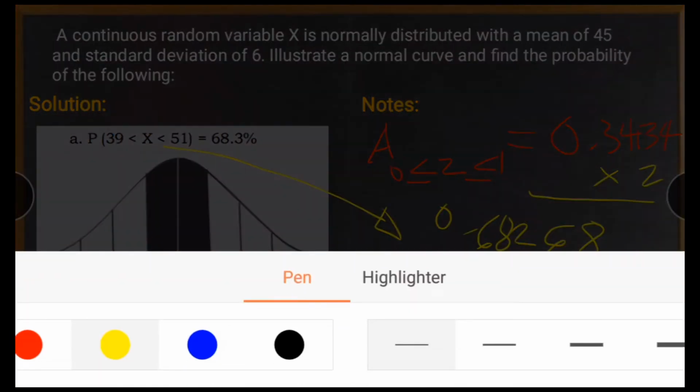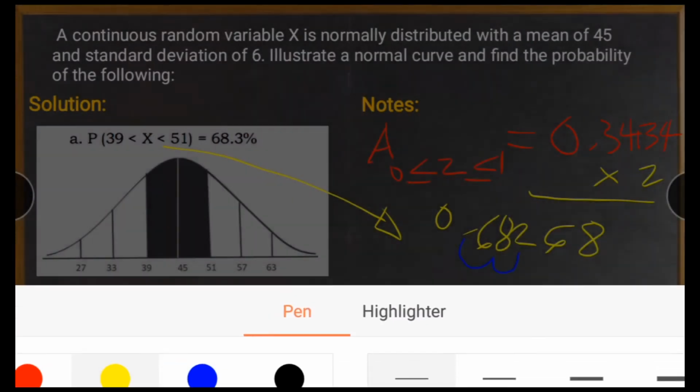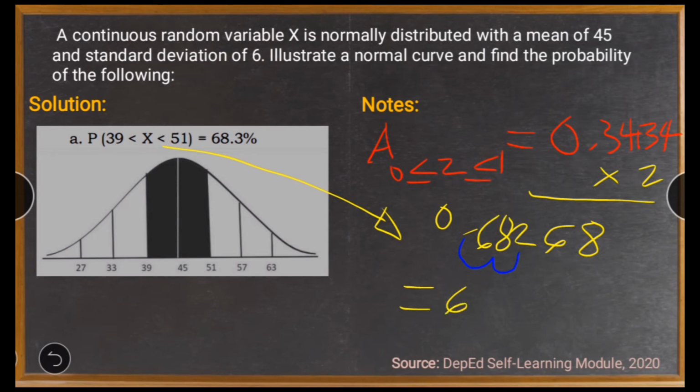If we want to convert this into percent, we will just move the decimal point 2 places to the right. So we have now 68.268 percent.